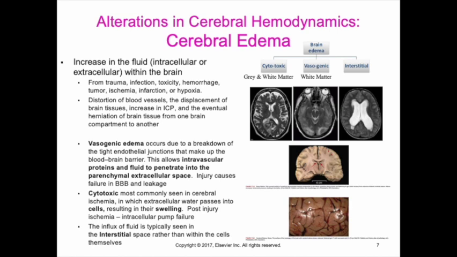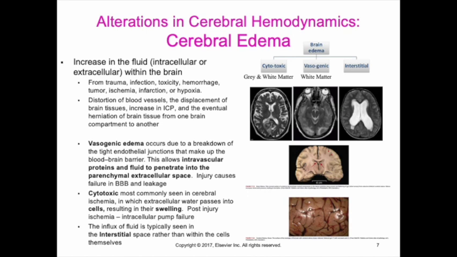Post-injury ischemia and intercellular pump failure will cause swelling of the individual cells of the brain, and this is the main distinguishing characteristic of a cytotoxic type edema, different than vasogenic edema, where there's an influx of fluid in the interstitial space rather than the cells themselves. Okay, so this will help you to determine if it's cytotoxic or vasogenic, because cytotoxic is the actual cell.